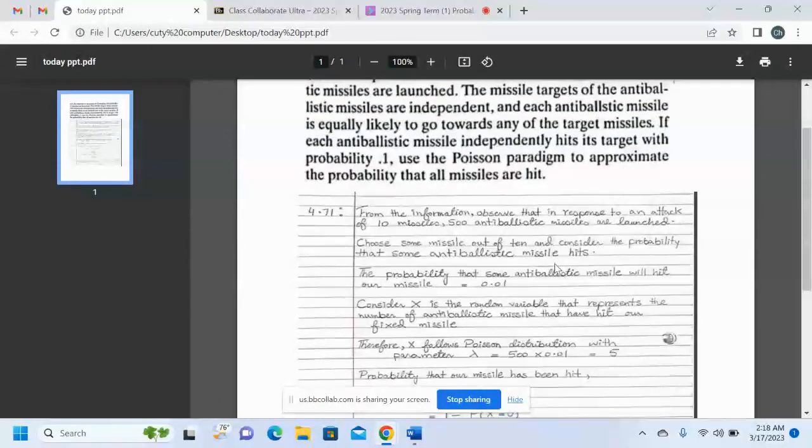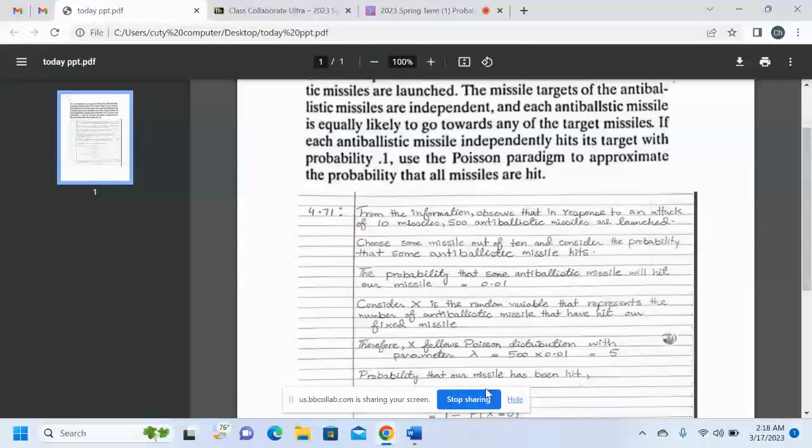So, from the information observed, in response to an attack of 10 missiles, 500 anti-ballistic missiles are launched. Each anti-ballistic missile is equally likely to go towards any of the target missiles. Choose some missile out of 10 of them and consider the probability that some anti-ballistic missile hits it.